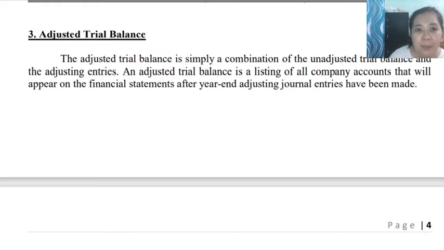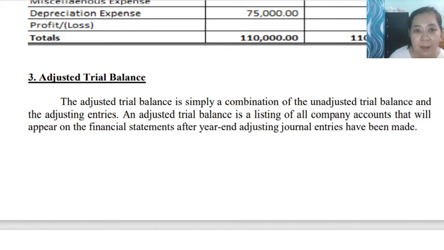So we go now to the next columns, the fifth and sixth columns. This is for our adjusted trial balance. Our adjusted trial balance is simply the combination of the unadjusted trial balance and the adjusting entries.